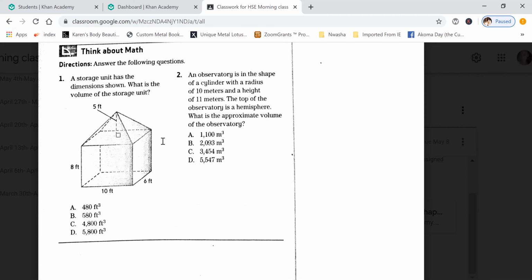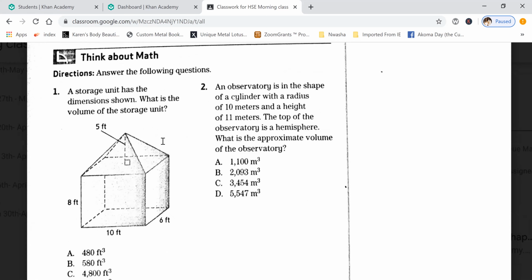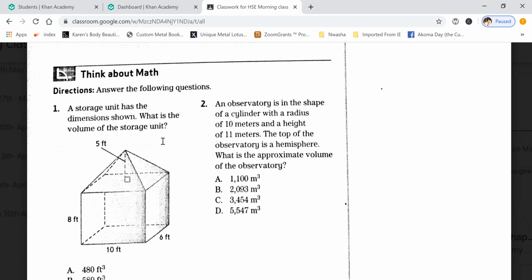You can draw it if you want, or you can just borrow the view of example number 4. And now you're looking for the height and the radius to replace in those 2 formulas. So take 3 minutes, see if you can come up with the total, and then we'll do this one together on the whiteboard.